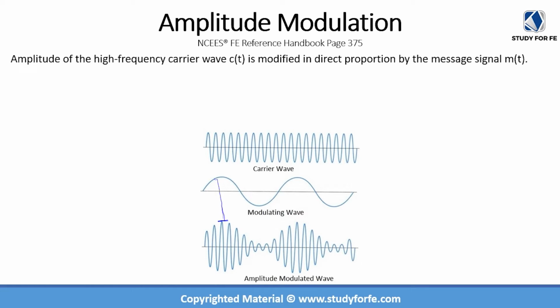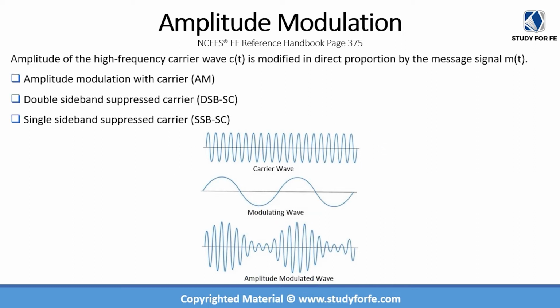When the amplitude of the modulating wave is low, the amplitude of the modulated wave is low. And when the message signal is the lowest, we have the lowest amplitude of the modulated wave. The frequency of this modulated wave is still the carrier wave frequency, but it has been modified such that the amplitude is responding to the amplitude of the modulating wave.